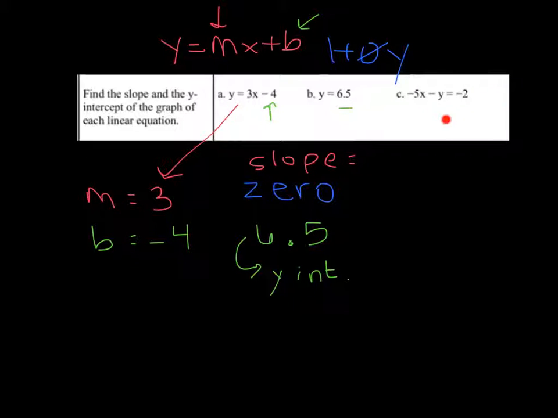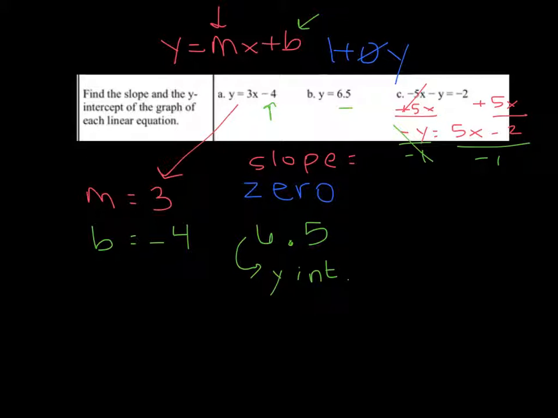Now notice that this equation is not written in slope-intercept form, it's written in standard form. So the first thing I have to do is solve for y. In order to do that, I am going to add 5x to both sides. When I do that, these are going to cancel, and I'm left with negative y equals 5x minus 2. Then, since y is negative, I'm going to divide everything by -1.